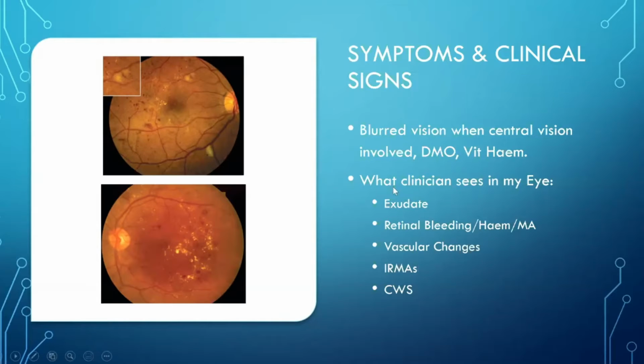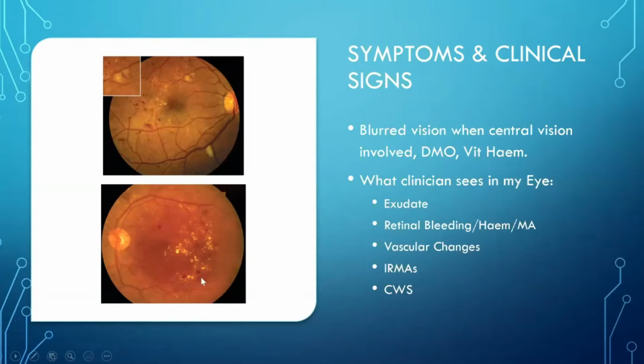So what do we see as clinicians, as doctors, when we are assessing diabetic retinopathy? Obviously, it varies from the early stages to the severe stages. We can see exudate, which is a fat or lipid deposit on the retina, the yellow bits. We can see small bleeding, these dark red spots. We can see vascular changes, for example widening, narrowing or tortuosity of the vessels.